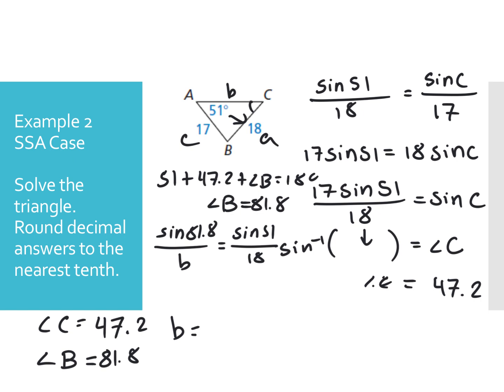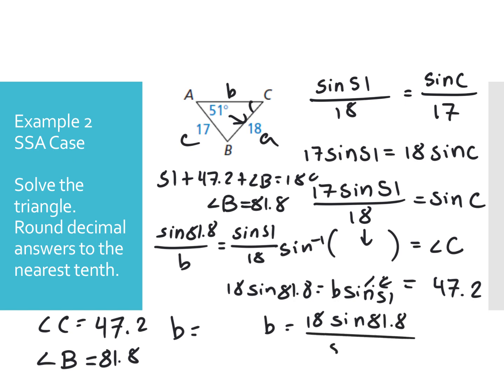I'm going to go ahead and cross multiply, and that's going to give me 18 sine 81.8 equals B sine 51. So we get that B is going to equal 18 sine 81.8 divided by sine 51.